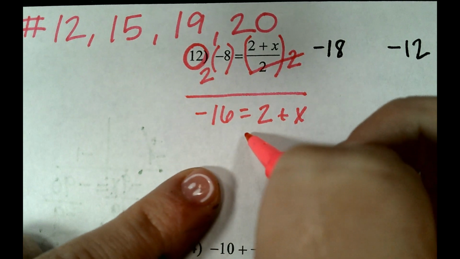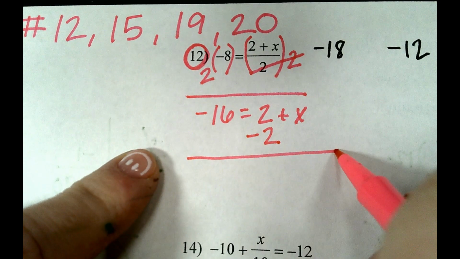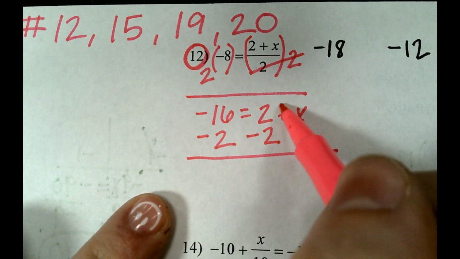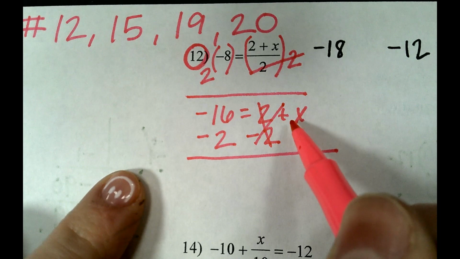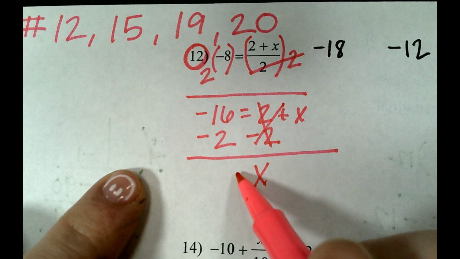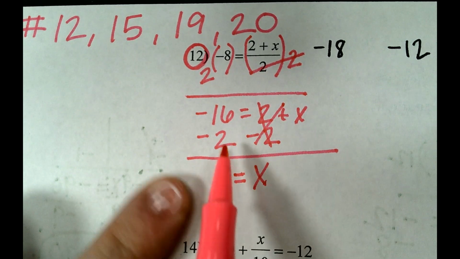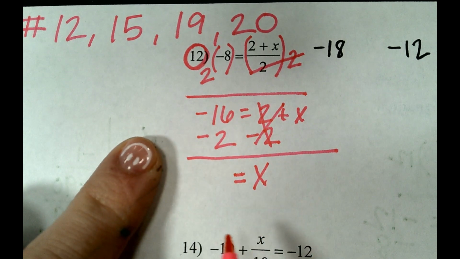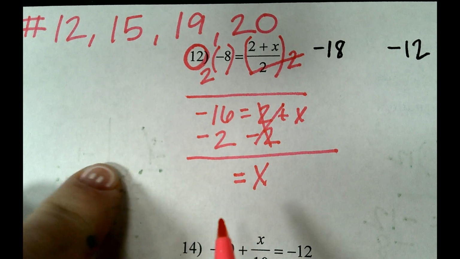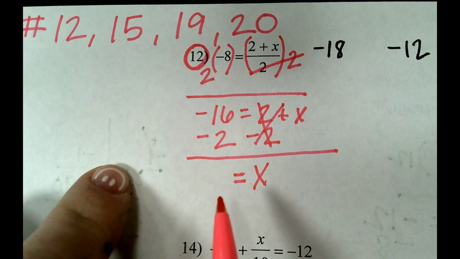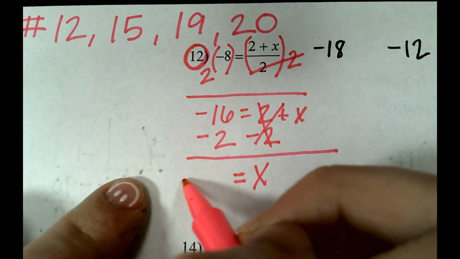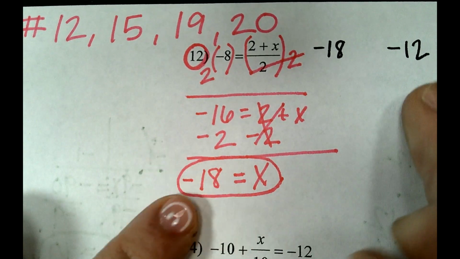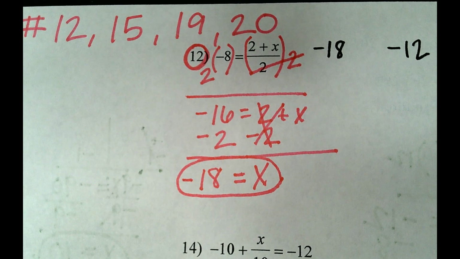So minus 2, minus 2. My 2's cancel. I'll bring my x down, my equals down. Now I have negative 16 minus 2. What is that going to give me? Negative 18.